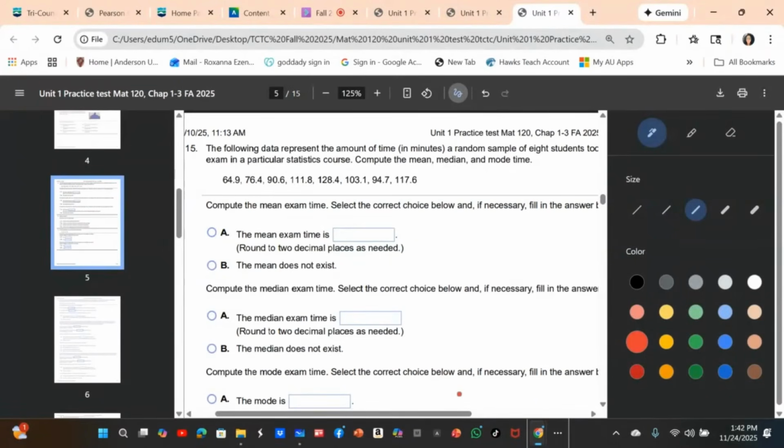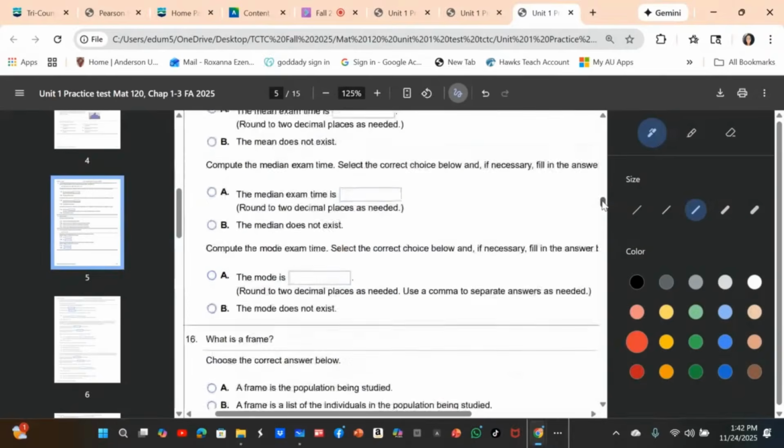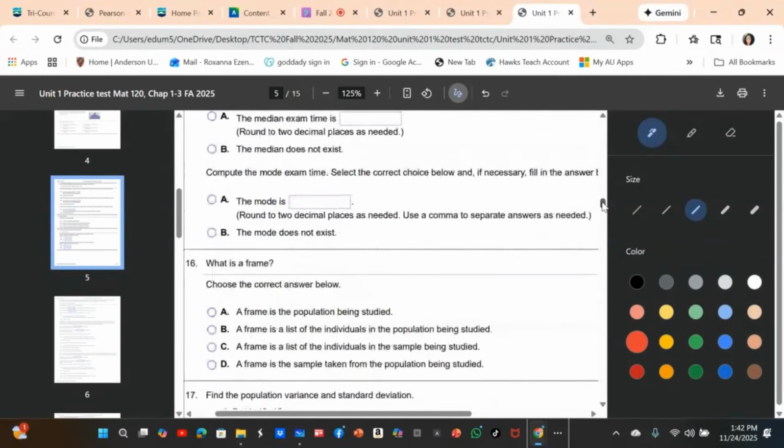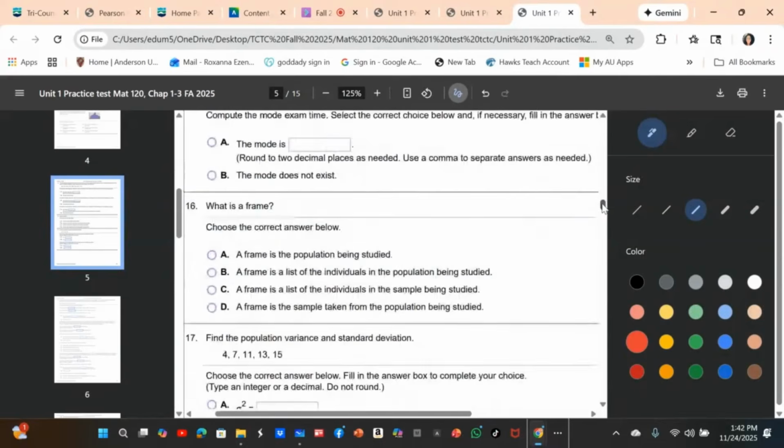Is there any repetition? Compute the mean of the exam time, then compute the median. You will put the data in L1. You just did what we did, so I don't think we need to do that.